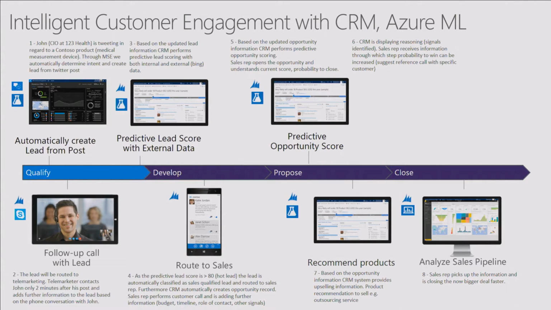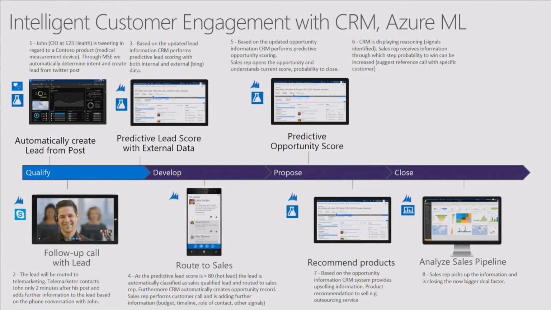So starting all the way from on the left where you're qualifying the lead, one can automatically create a lead from, let's say in this case, your social engagement post. You follow up with the lead, you make the call. You could then decide what you want to do with the lead, whether you want to pursue this lead or not. You can apply the predictive lead scoring to prioritize which leads you want to focus on.